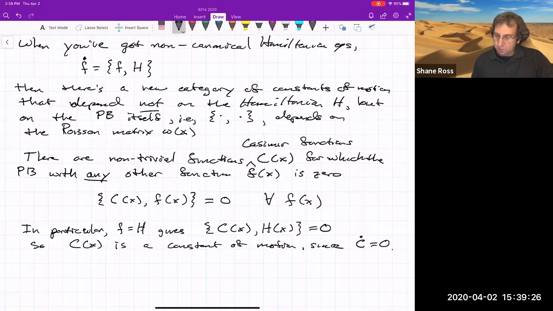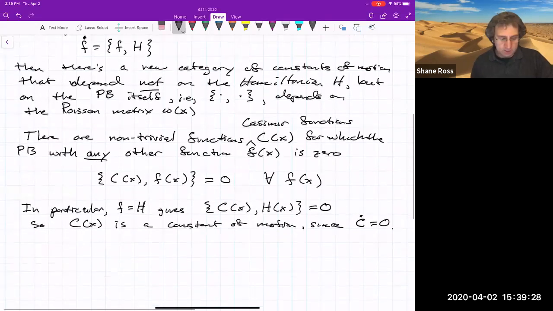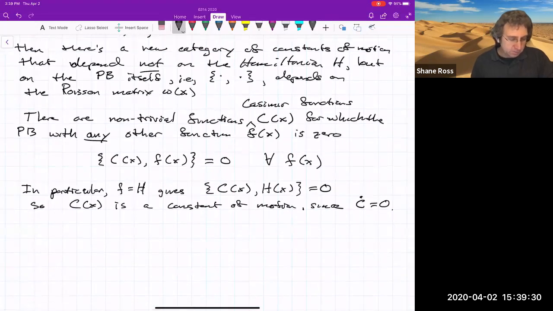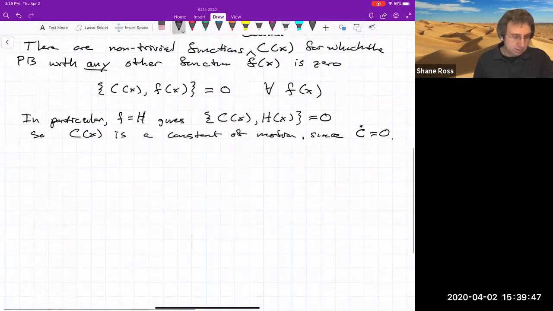So what is the condition for these Casimir functions to exist? There are a few ways to work on it, but probably the best is to look at the Poisson matrix and look at its rank. And if it's not full rank, then you've got Casimir functions.